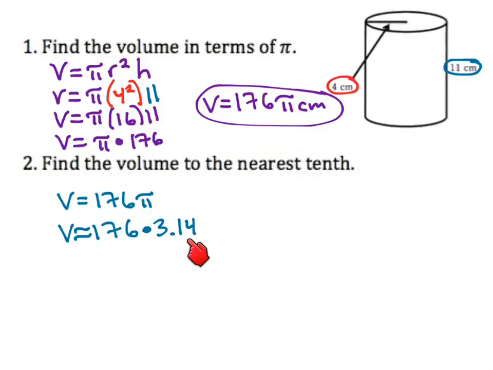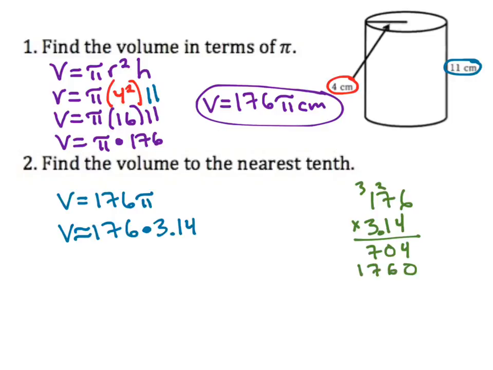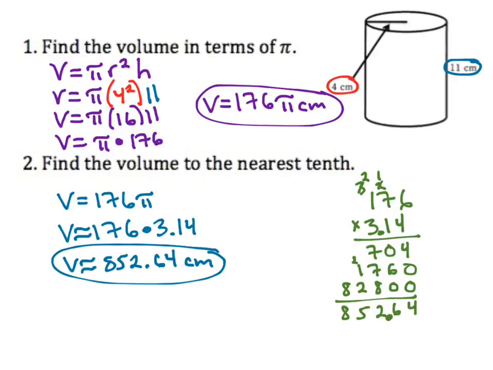Remember, because this is not really pi, this is only an approximation. Then we do the multiplication. We get 852.64. We're going to round to the nearest tenth. So that 6 stays a 6. It doesn't need to round up.